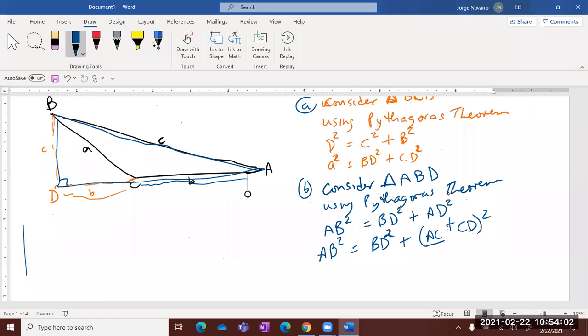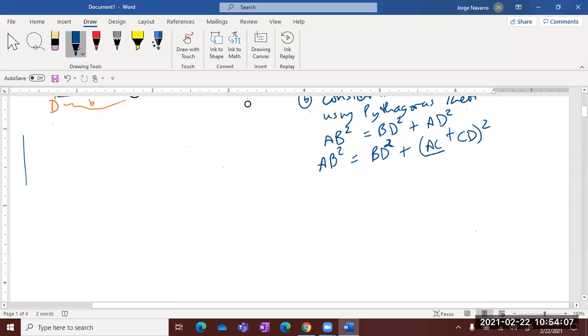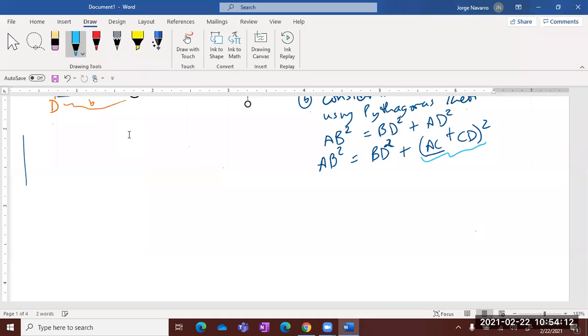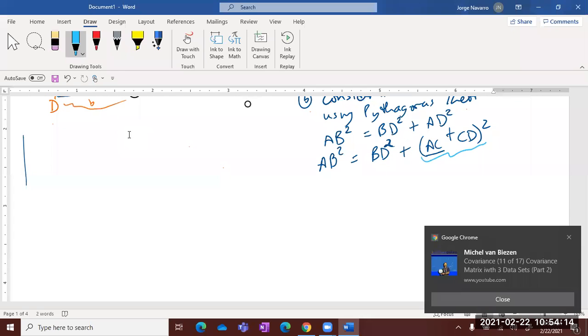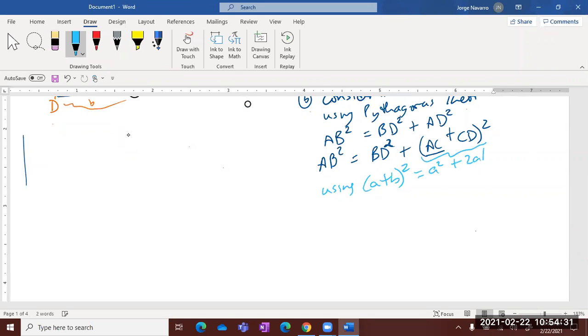All right. Now that we have that into consideration, this piece right here, I'm going to even put it in a different color. This piece right here is following a different rule. So I'm going to need to use A plus B squared, which is A squared plus 2AB plus B squared, for this part right there.